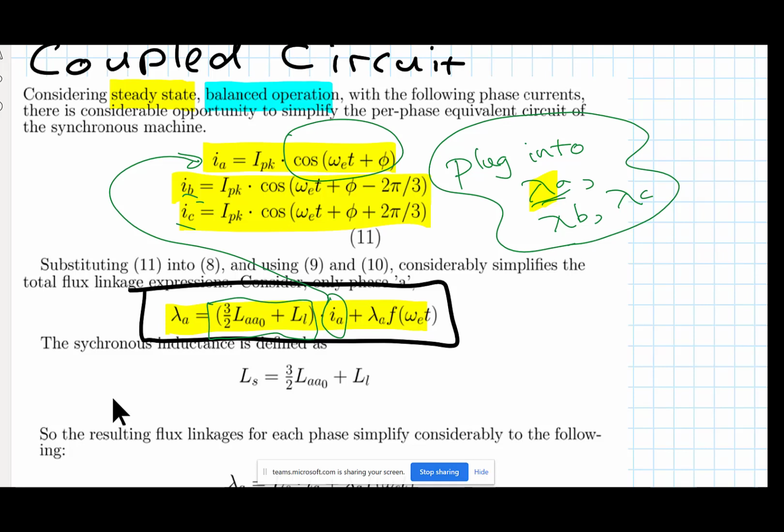The trig will cause them all to look like IA, and that's where you get this 3/2 factor from the trig identities. And then this lambda AF is basically due to the rotating field. This is associated with the no-load voltage that you would have measured in a no-load test.